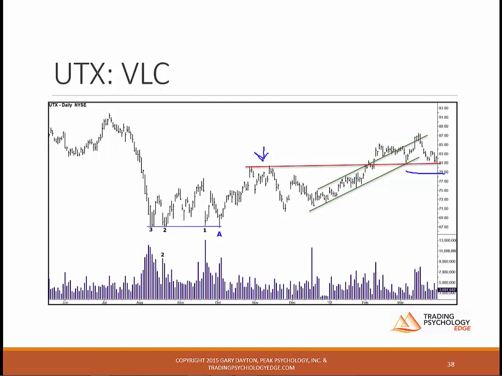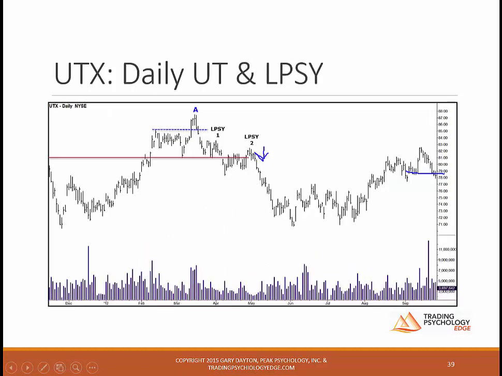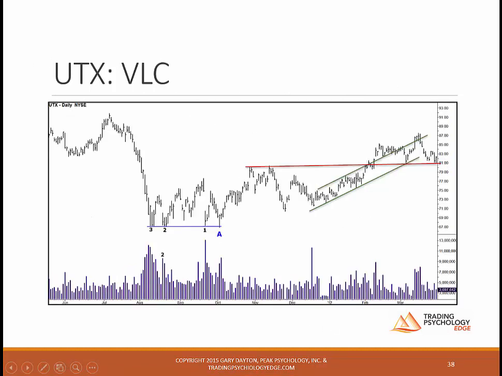So we might buy that in here. But let's take a look at what happens. If we go back, we're looking now at this segment on the next chart. Okay.